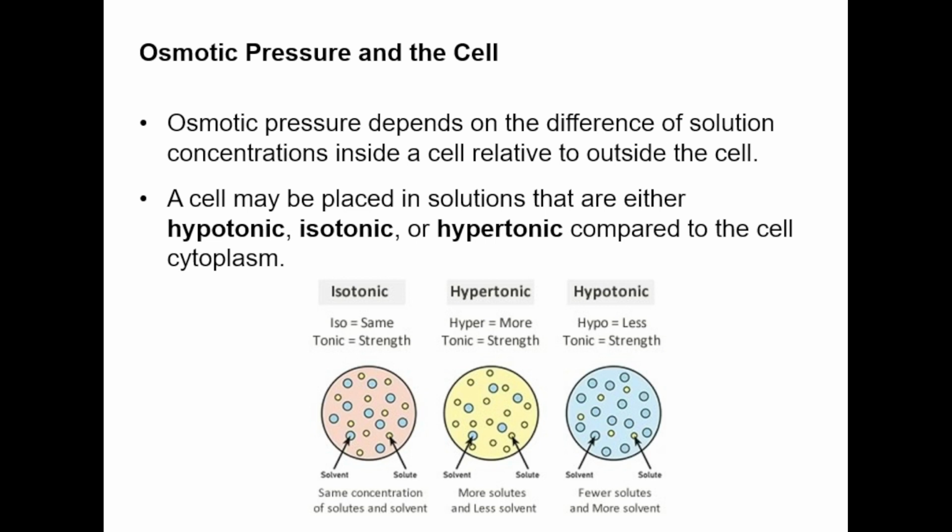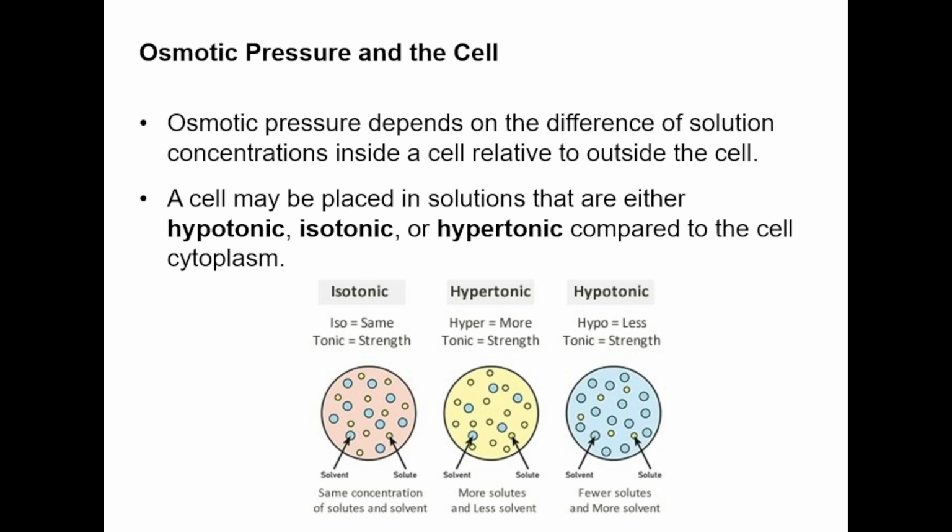Now, let's apply our knowledge of osmosis and osmotic pressure to the test. Again, the formation of the osmotic pressure depends on the difference of solution concentrations inside and outside the two compartments. In this case, we'll use a cell and a solution.